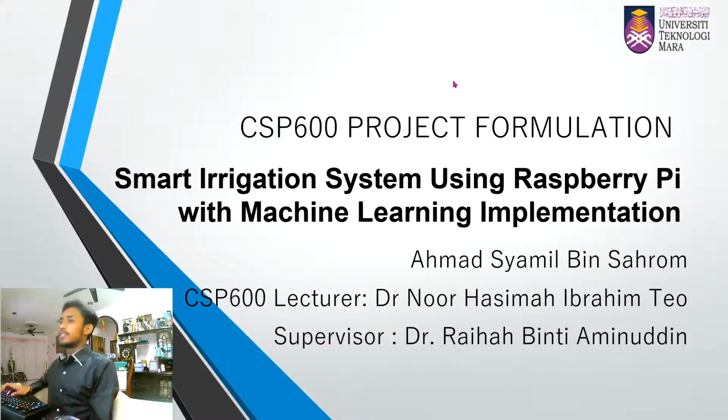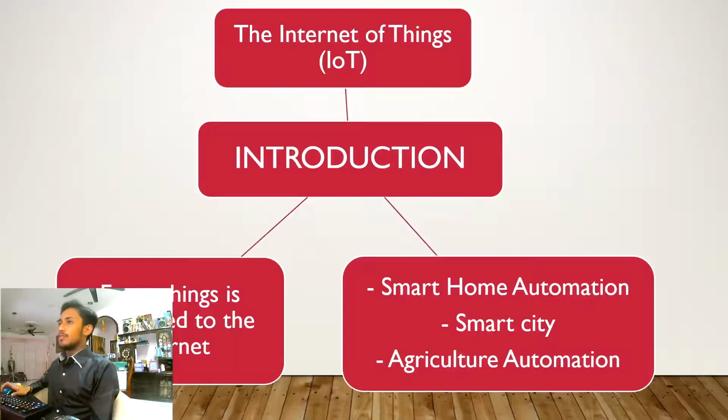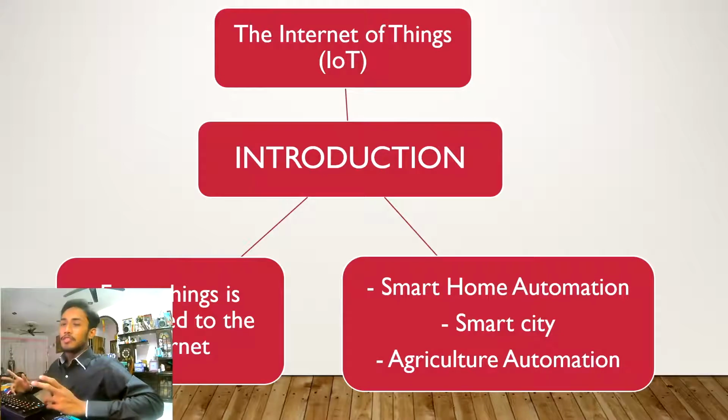Okay, so firstly, let's move to the introduction, where we look at the meaning of Internet of Things. It means that everything is connected to the internet. For example, your fan, lamp, and refrigerator are all connected to the internet.